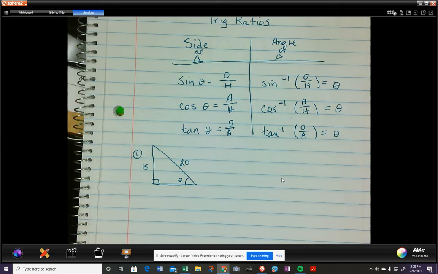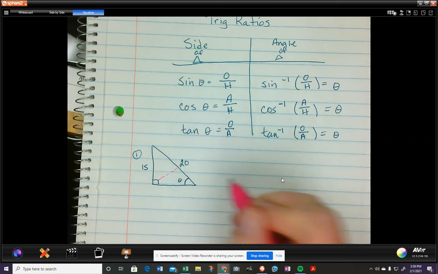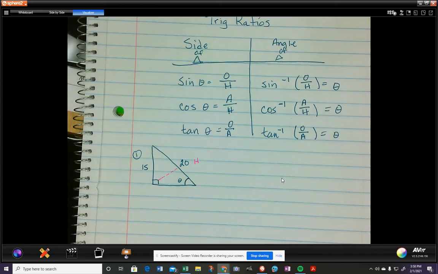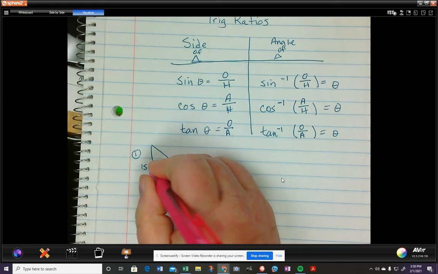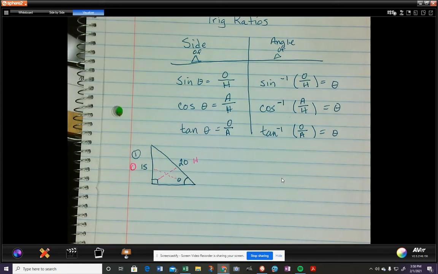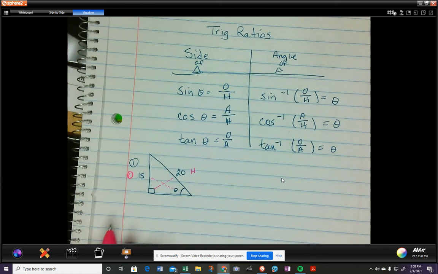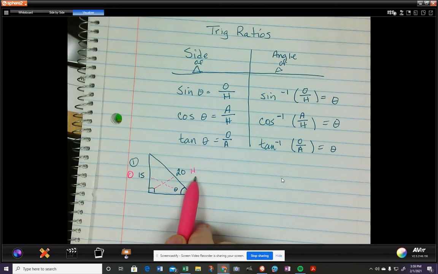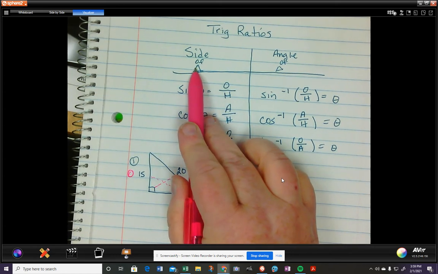Well, what do I have? If I go across from the right angle, I have my hypotenuse. If I go across from my angle, I have my opposite. So which one of these up here has opposite and hypotenuse? Well, sine does, but am I looking for a side?